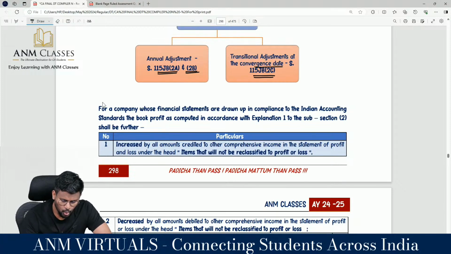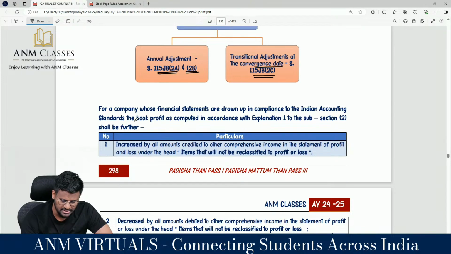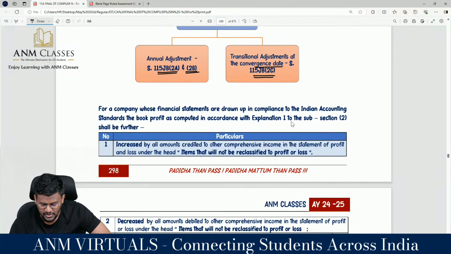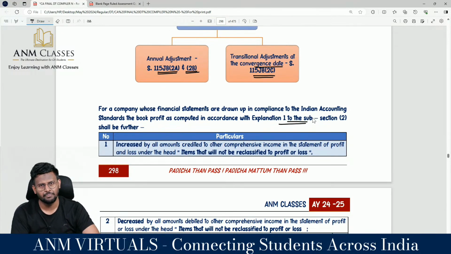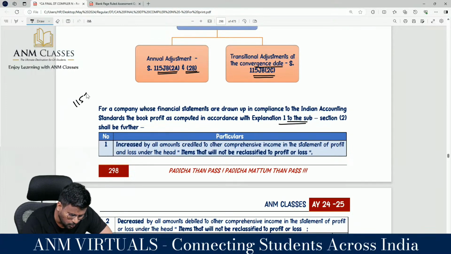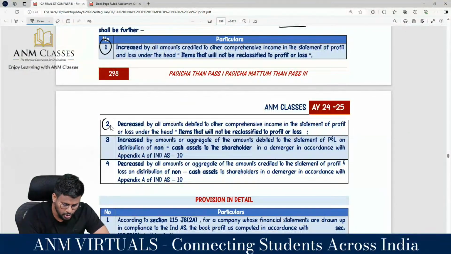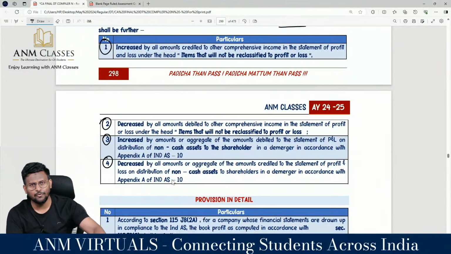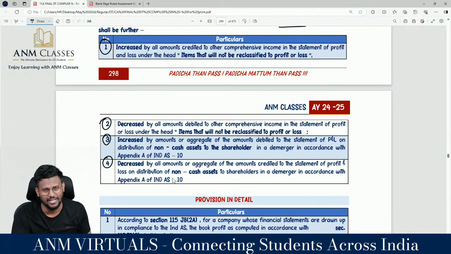For a company whose financial statements are drawn up in compliance with Indian accounting standards, that is Ind AS, the book profit as computed in Explanation 1 to subsection 2 shall be further adjusted. That means what we have learned in 115JB subsection 2 has to be further adjusted with 4 more adjustments, and only then will you get the book profit.